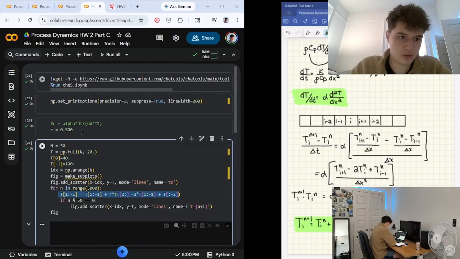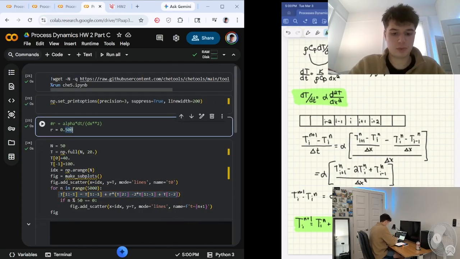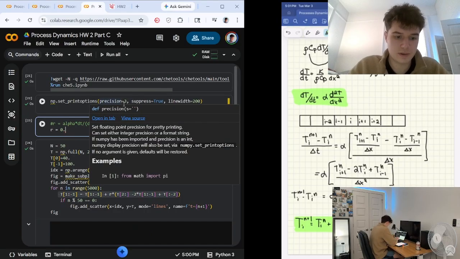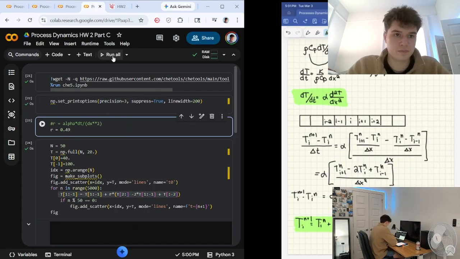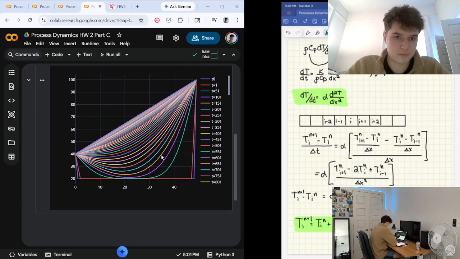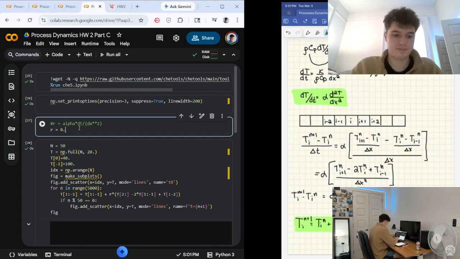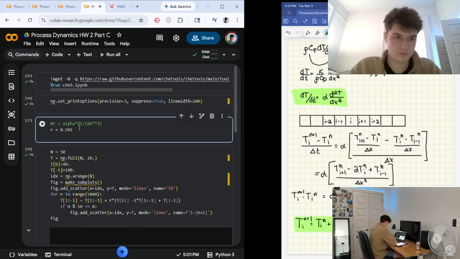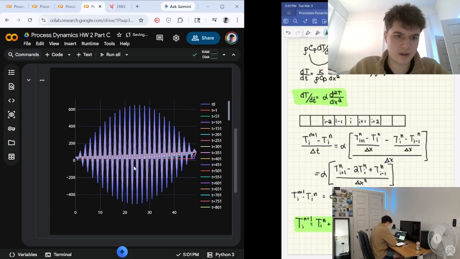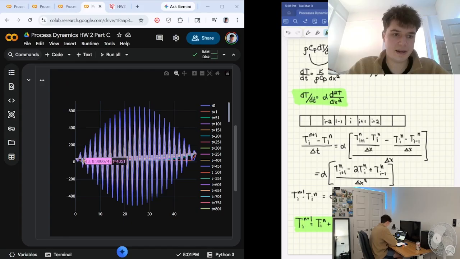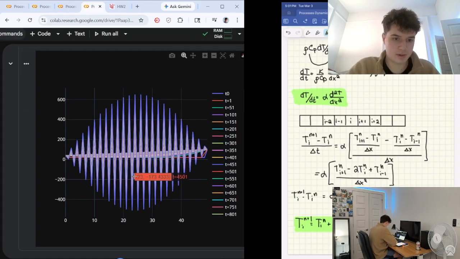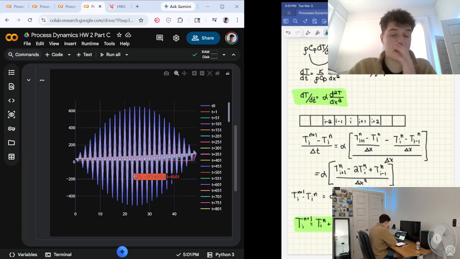And just to see, let's set this equal to 0.49, see what happens. So 0.49, actually nothing really changes. Now let's go above it. See what happens if you go above 0.5. Oh my gosh. I don't even know what I'm looking at, to be honest with you. But, okay.